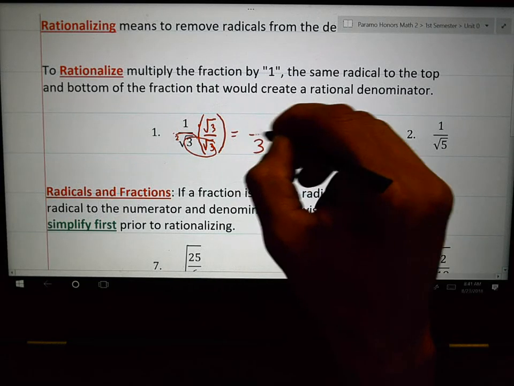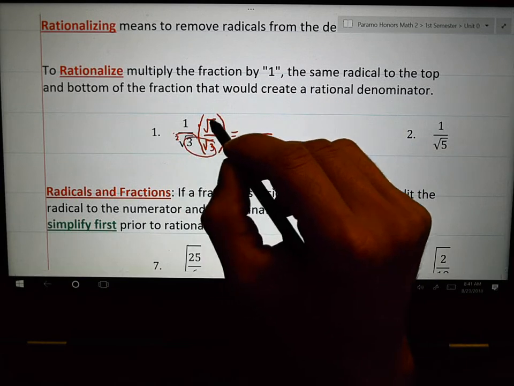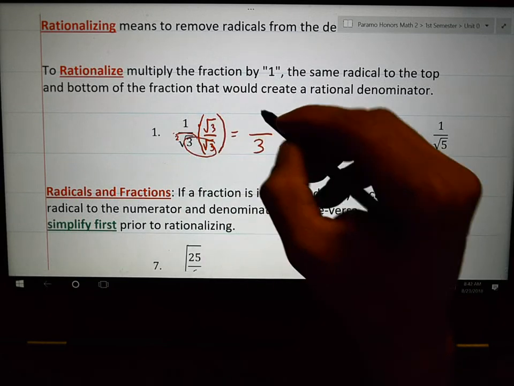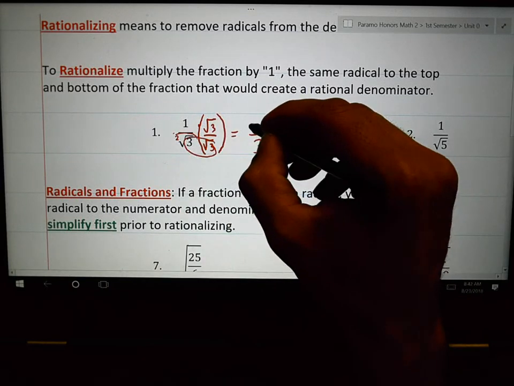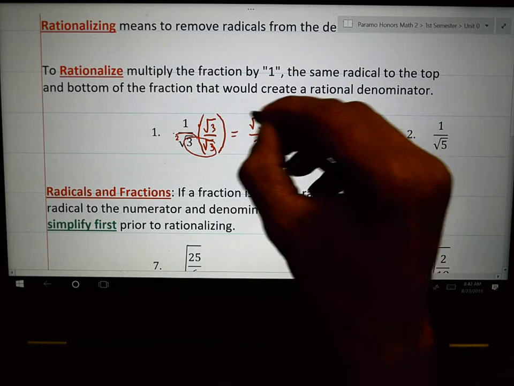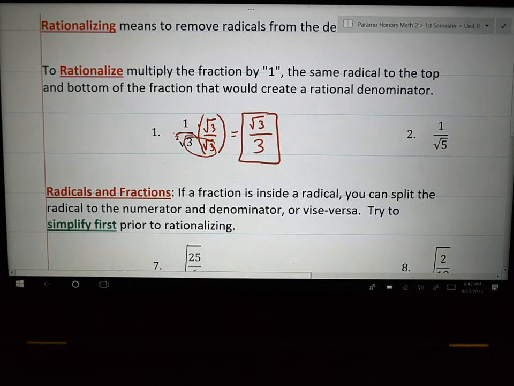Your numerator, you have an outside and an inside. They don't mix. So it's 1 root 3. The easiest way to write that is root 3. And a rationalized number 1 is root 3 over 3. It no longer has the radical in the denominator.